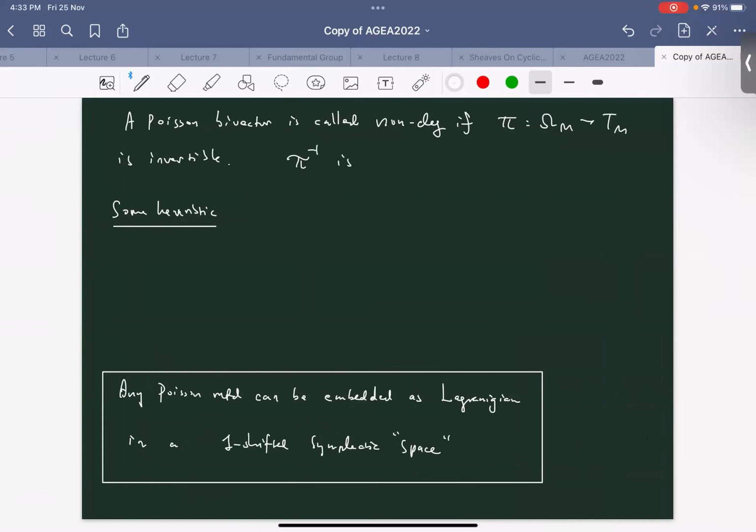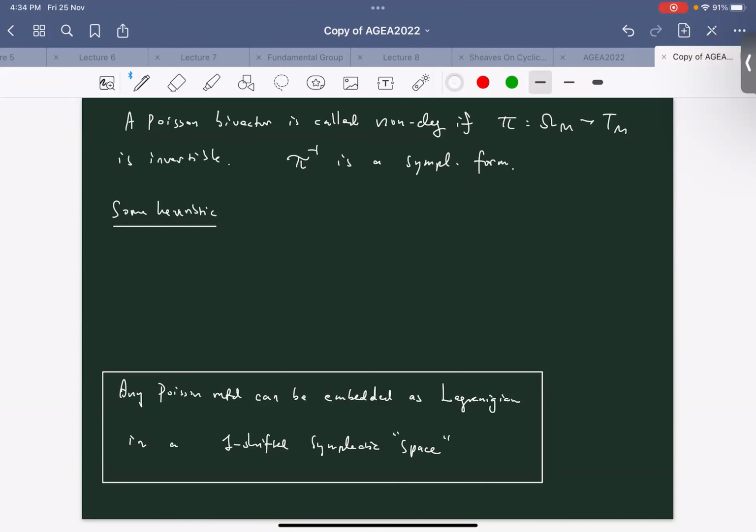This is a 2-form. It's a symplectic form, actually. Okay, so here the Jacobi identity will translate to the closedness of the form, and non-degenerate, of course, corresponds to the non-degeneracy of the 2-form. Okay, so these are basic definitions.